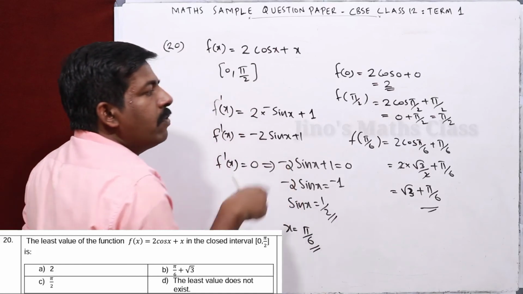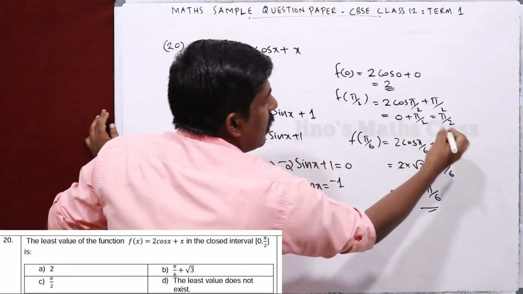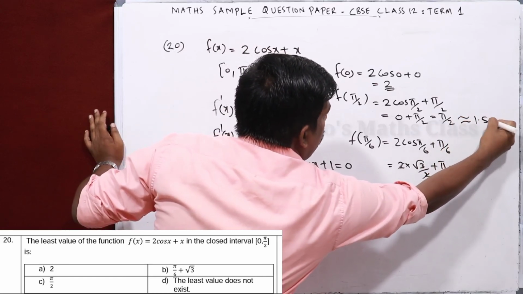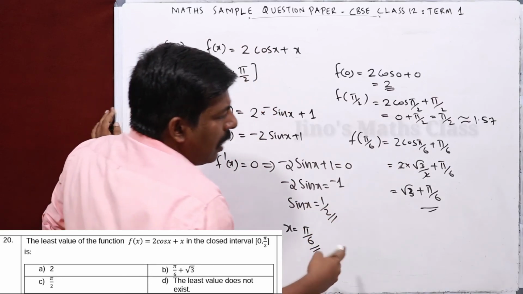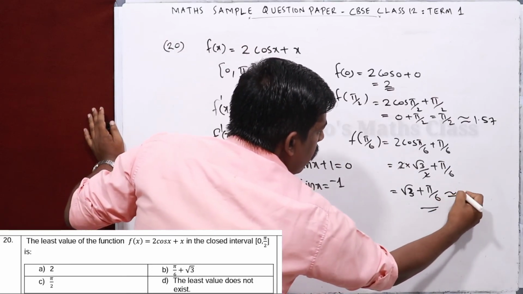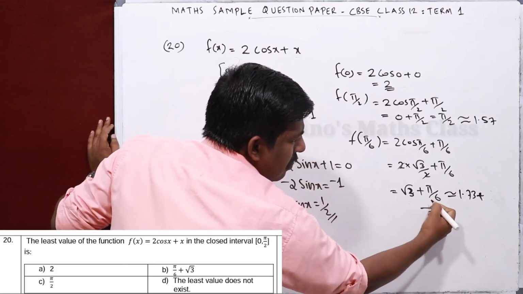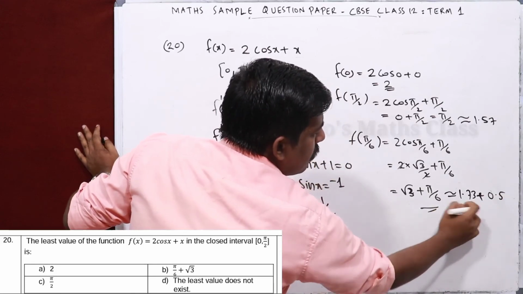So we have to find which is least among these. Anyway, here it is 2, and here pi by 2 is approximately equal to 1.57 because 3.14 divided by 2, correct? And here it is approximately 1.73 plus pi by 6, approximately I am taking like 0.5. Anyway, it is more than 2, right?